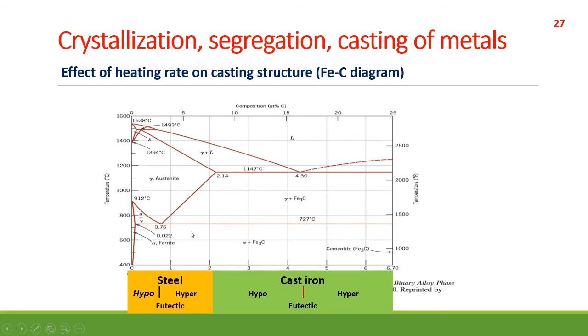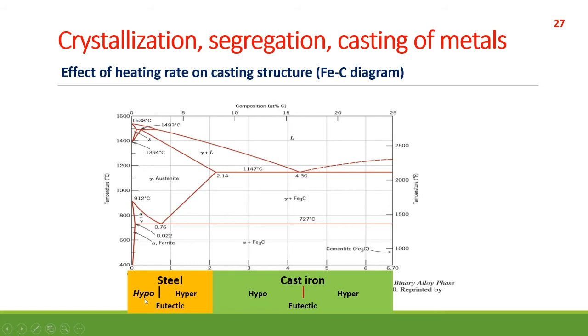When the concentration of carbon in iron is around 0.76%, or 0.8 something, we call it eutectoid, below it hypoeutectoid, and within the range of 0.76 to 2.14 we call it hypereutectoid steel.